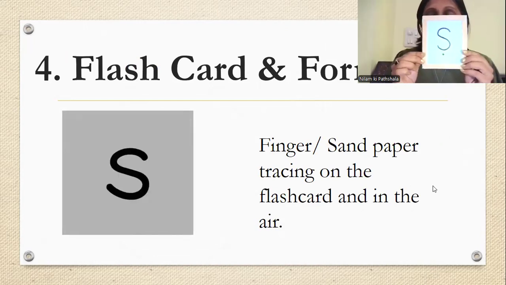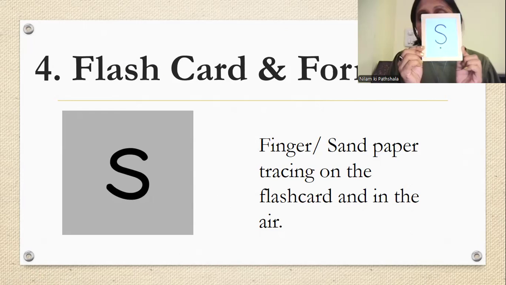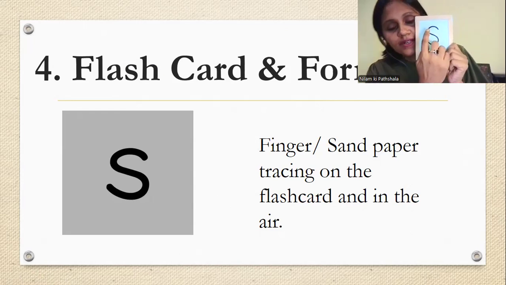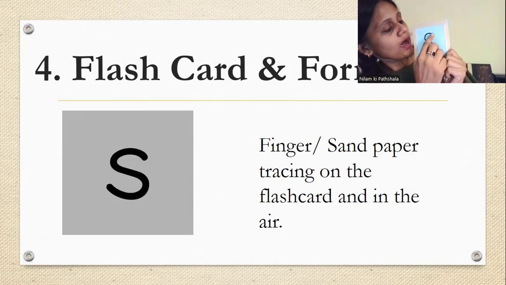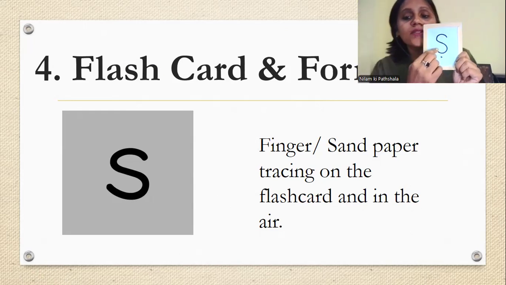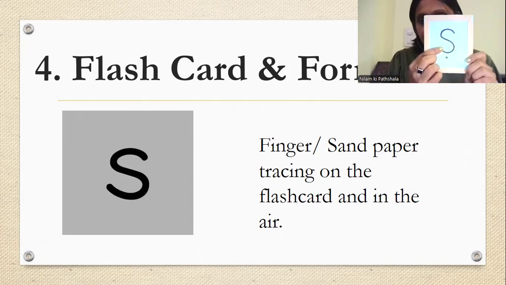As you can see over here, this is the letter S. So let's try to trace the letter S. We'll start from here. We'll go up, up, up, and one curve, and then go down, down, down, and stop. That's the way we make the letter S.